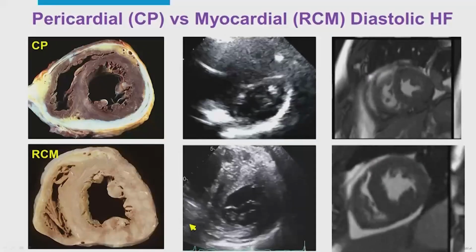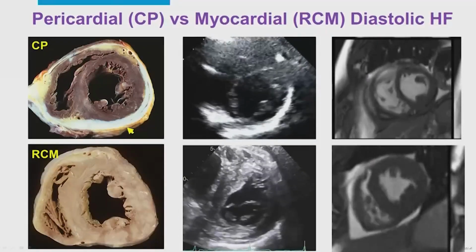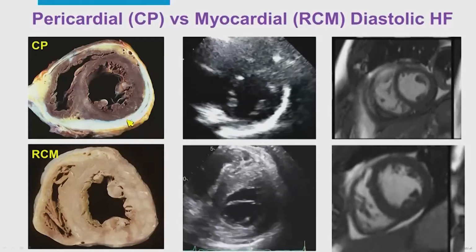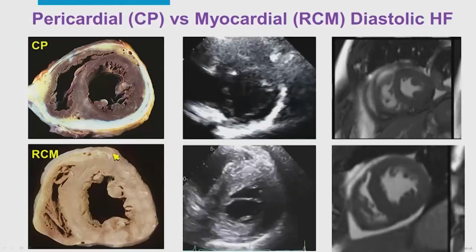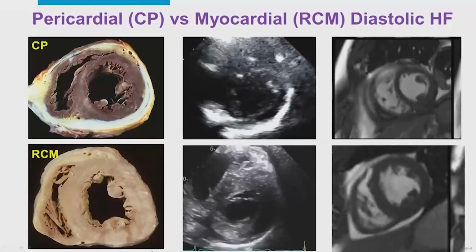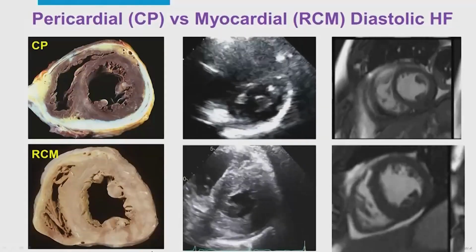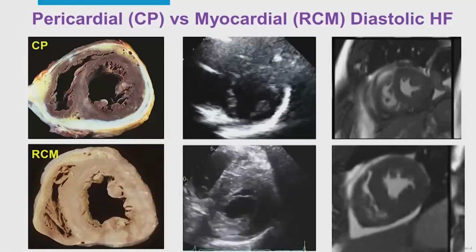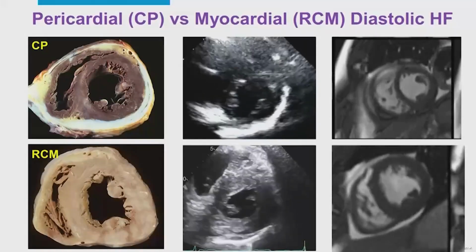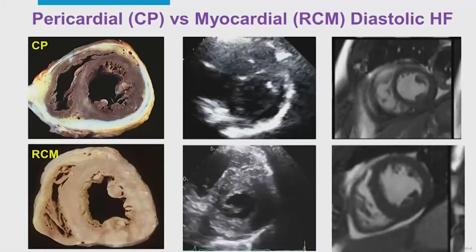So if you look at this slide showing constriction and restrictive cardiomyopathy, again, I want to emphasize that they may present in a similar way clinically, but the underlying mechanism is quite different, because both will present with heart failure because of limited diastolic filling.